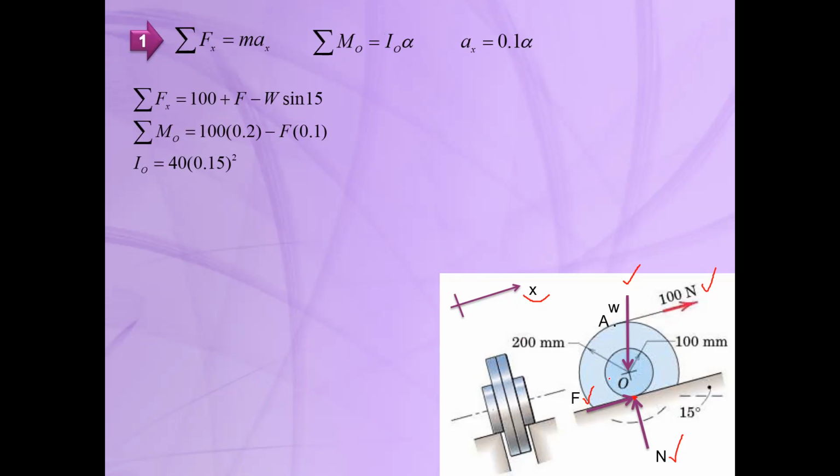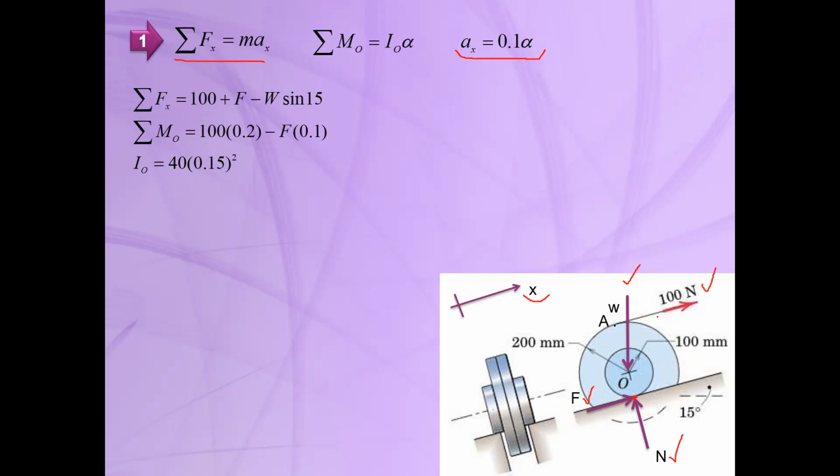Because this is a motion without slipping, we can assume that the acceleration a_x is equal to the radius times alpha, where alpha is the angular acceleration of the wheel. We can use this to decrease the number of unknowns and solve for acceleration. If you write the force equation in x direction, we will have this 100 Newton force.